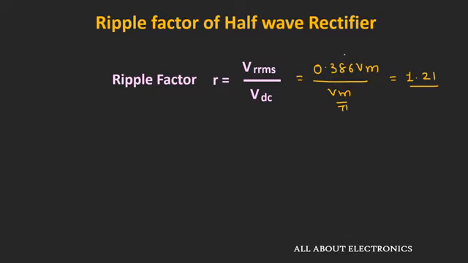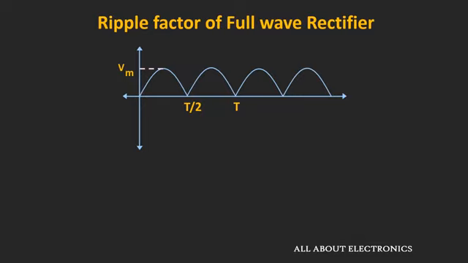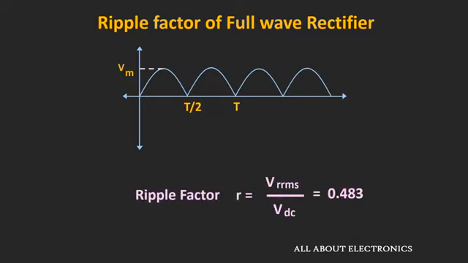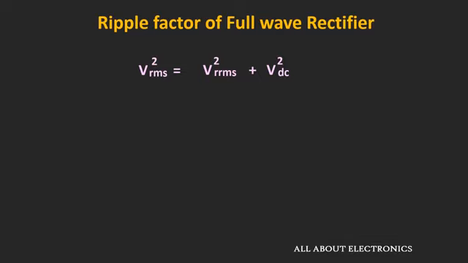Similarly, now let us find out the ripple factor for the full wave rectifier. For the full wave rectifier also, the formula of ripple factor will remain the same. So first of all, we need to find the RMS value of the ripple. Like I said earlier, the RMS value of any waveform can be expressed by this expression.